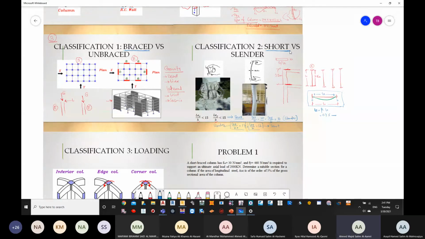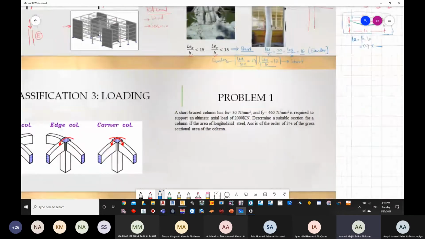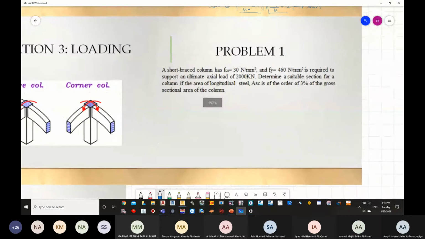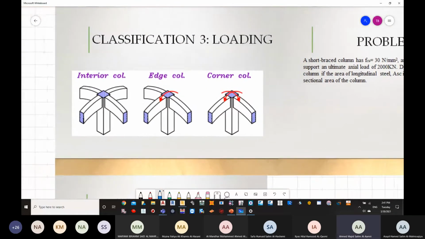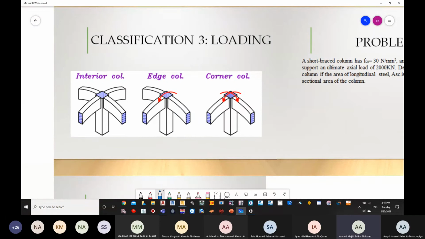The last classification is going to be related to the loading, before we start the problems themselves. Now, if we go to the loading, we have brought three different types of columns.